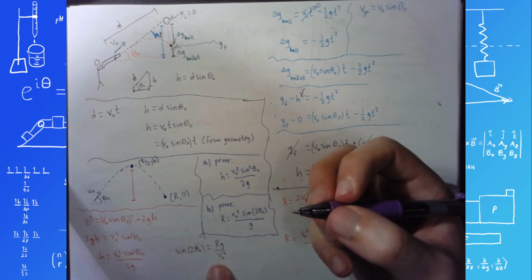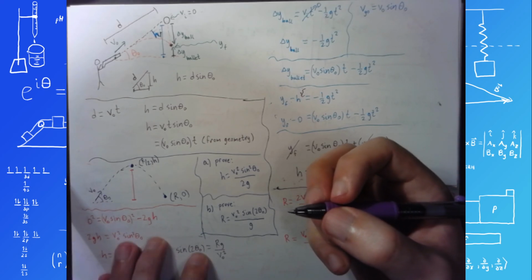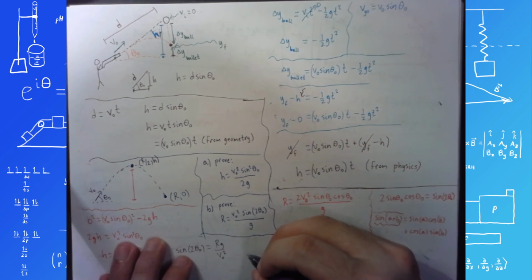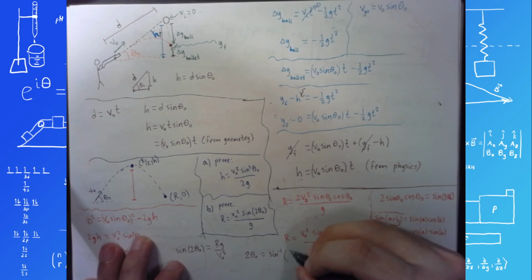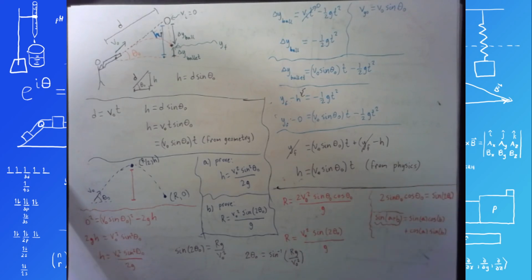If I take the inverse sine of this, 2 theta 0 equals arcsine, or inverse sine, of rg over v0 squared. Your calculator will only give you one result, but in truth you get two different results.